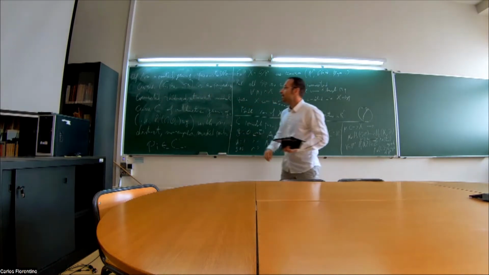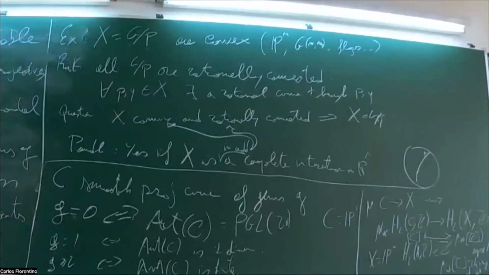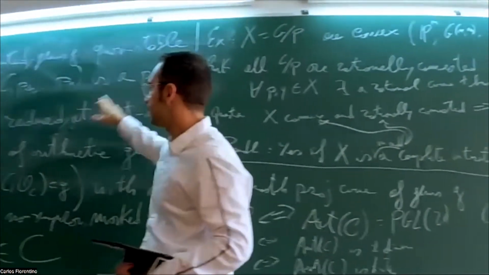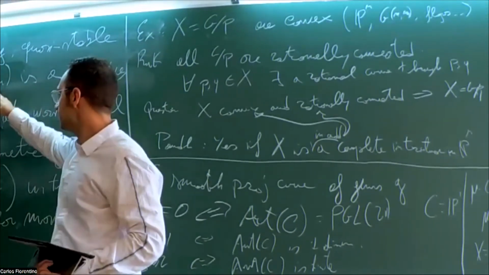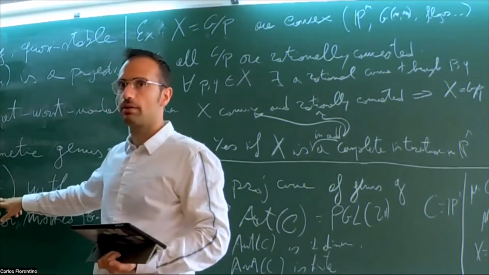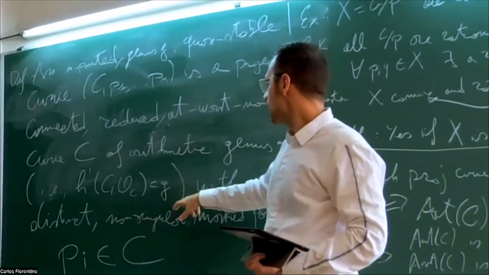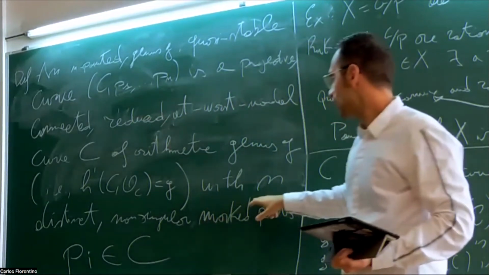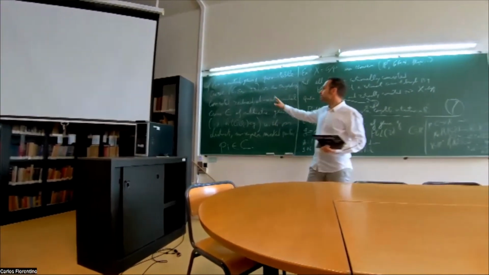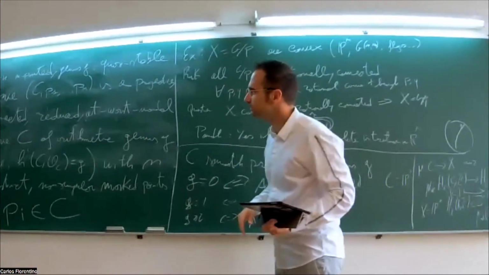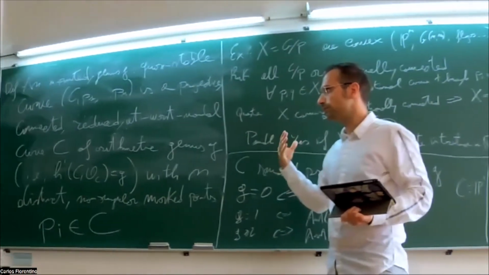An n-pointed genus g quasi-stable curve is this object where C is a projective connected reduced nodal curve of arithmetic genus g. We allow nodes, and P1 through Pn are n distinct non-singular points of C. This, in some sense, is the main object for us.